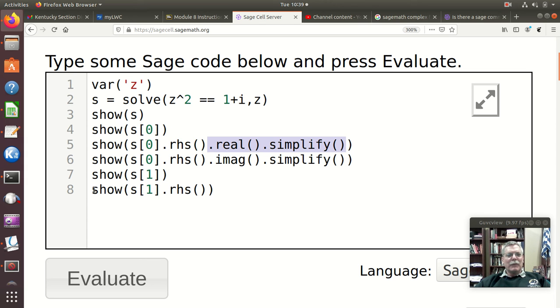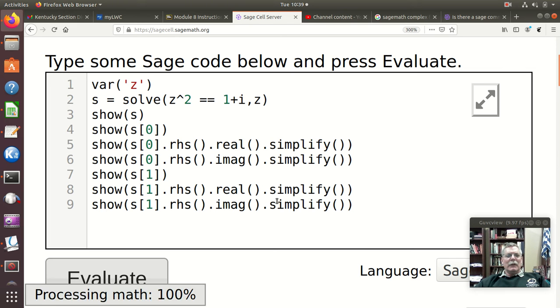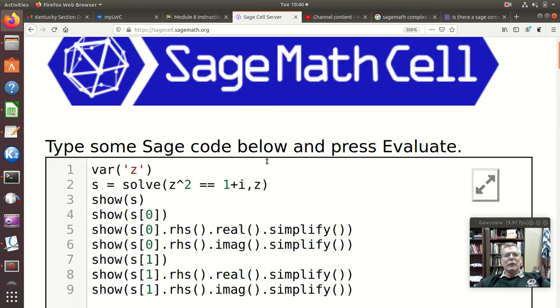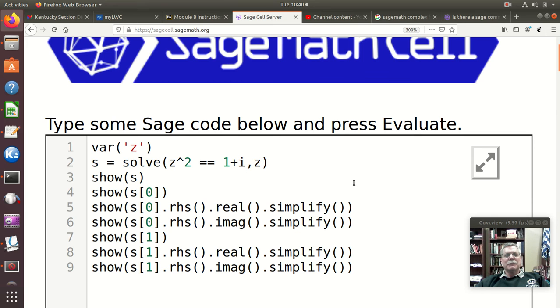Well, actually first I'm going to copy that and paste it here, and then toss in that stuff there, and this one here, and evaluate, and hopefully everything works. Yep. So I can get those real and imaginary parts that way, and again, I can always go to the numerical part if I need to. Okay, so that's example 5.2.1.